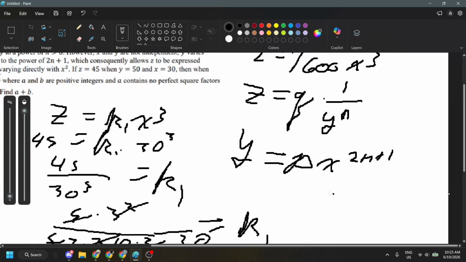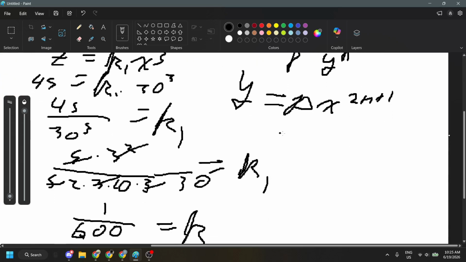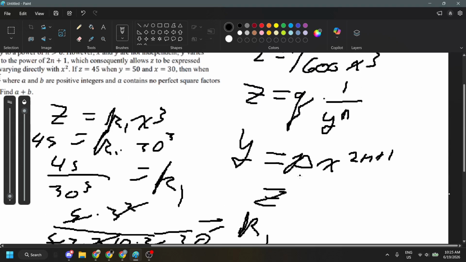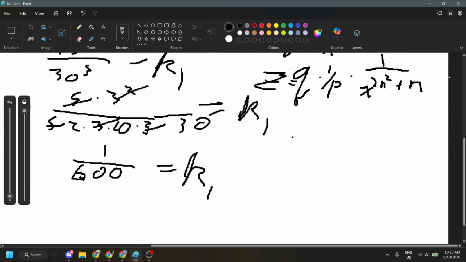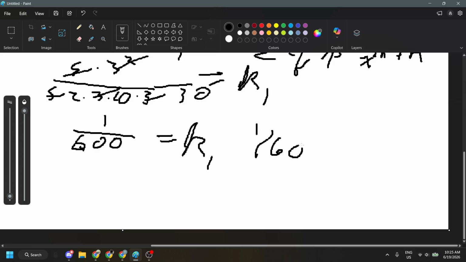I have an idea. If I put this in here, I get z is equal to q times 1 over p times 1 over x to the 2n squared plus n. Since these are equal, we know 1 over 600 x cubed is equal to q over p times 1 over x to the 2n squared plus n.